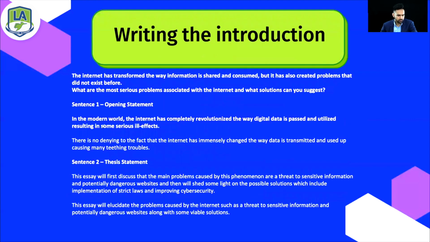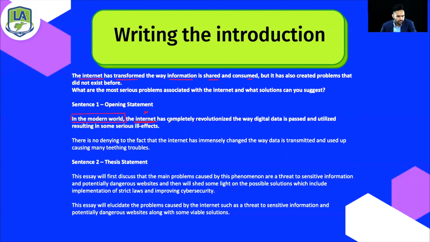Now let's see what we've got. This is a prompt as a topic. Internet is an important word, transformed, information shared, consumed. In the modern world, the internet, you can use web for internet, but I don't want to use it now because I know I'll be using internet a couple of times. So I'll just write internet.